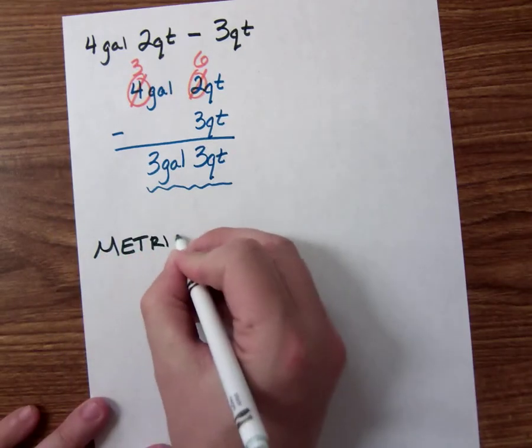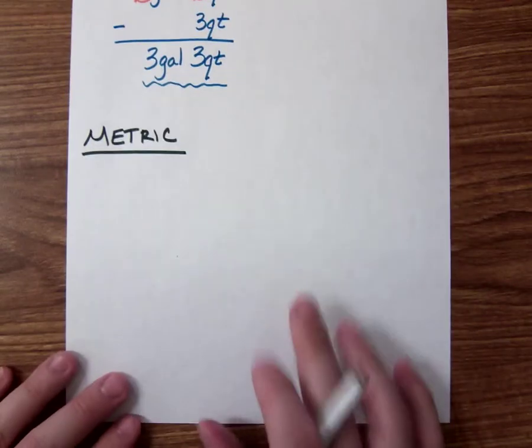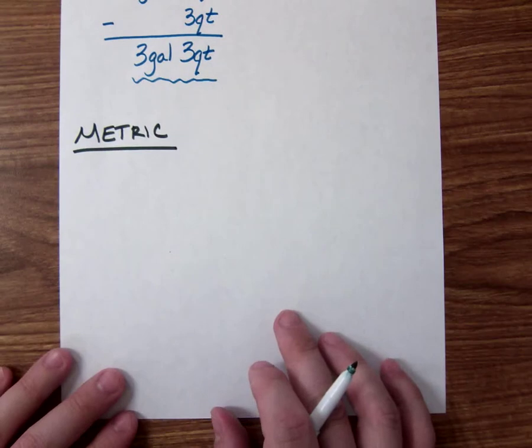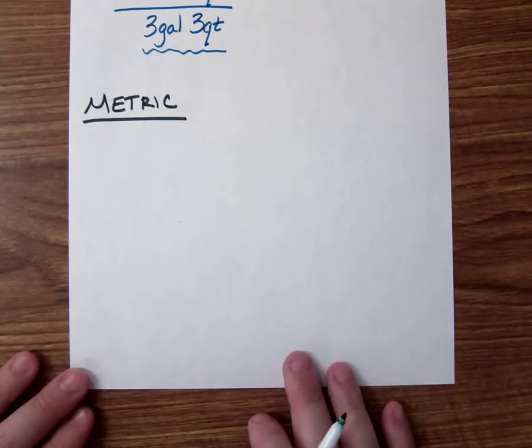So the metric system has the exact same prefixes you're used to, except instead of meters, which was our unit for length, or grams, which was our unit for weight, we are now going to use, anybody know what the metric system measurement is for volume? Liters, exactly right, liters.